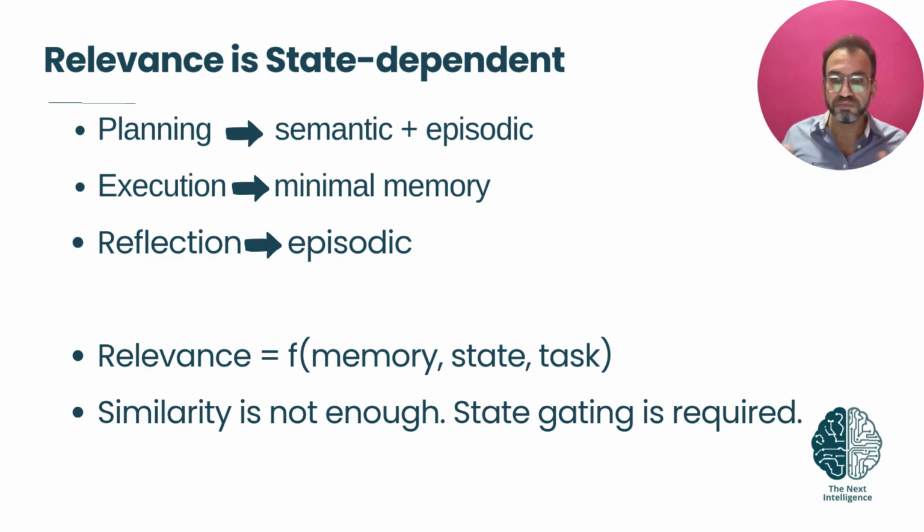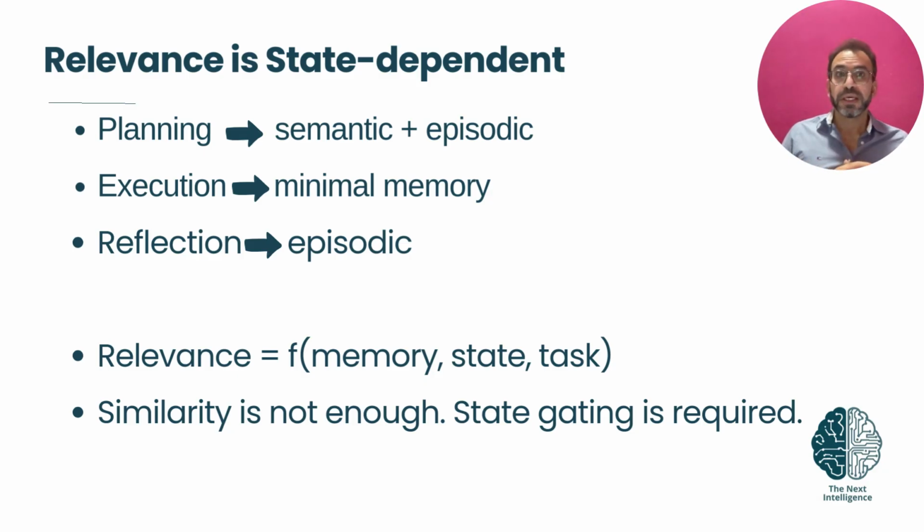So mainly, these are the memory failures. This tells us that relevance depends on the current state of the agent. It's not about the knowledge itself or the parts of the memory that are stored, but about what is needed at this moment for the agent to perform its task.